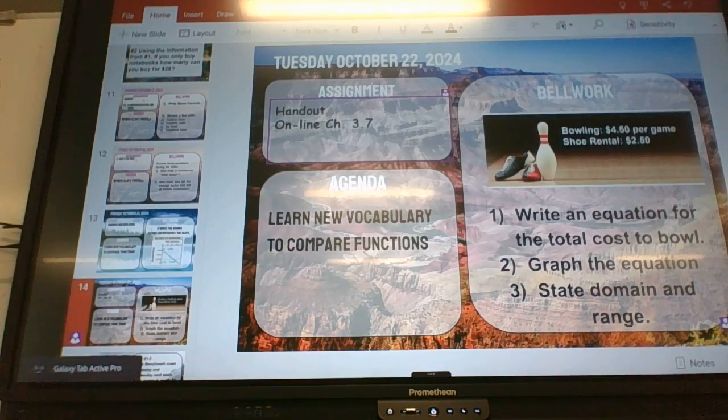All right, and your range is going to go from $0, actually, to $7.50, and 3 games we decided was $17.50. So on. Okay. So the domain matches with the range. 0 games cost that much. 1 game costs that much. 2 games cost that much.